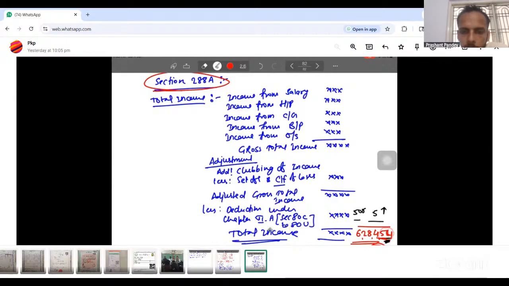So we derive the total income. Now from the total income we go for rounding off. Section 288A talks about the rounding of total income. I told you the mechanism: if it is 5 or above 5, it will be rounded off to the next 10th place. If it is less than 5, it will be rounded off to the previous 10th place.